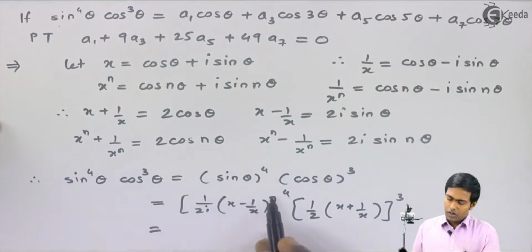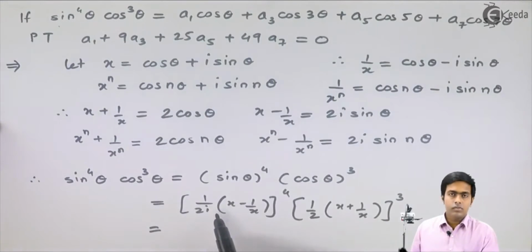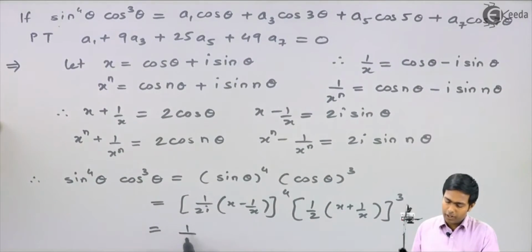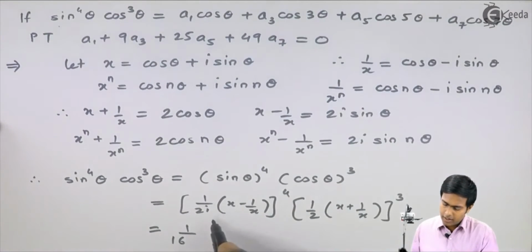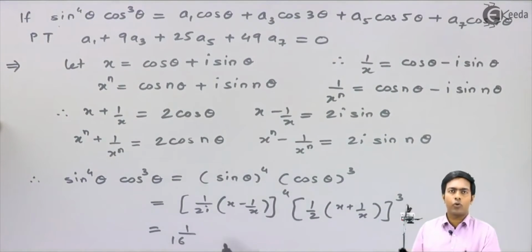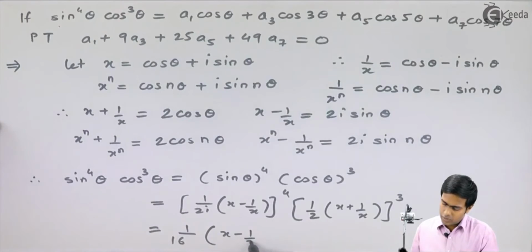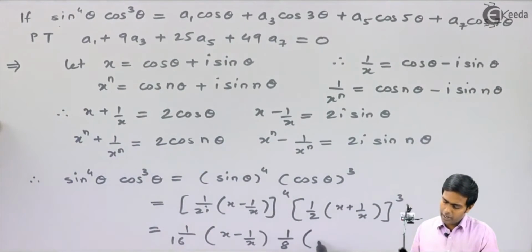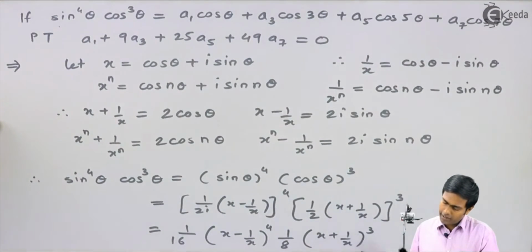Next, 1 raised to 4 will give me 1 and (2i) raised to 4 will give me 16 i raised to 4, but i raised to 4 is 1, times (x minus 1 upon x)⁴. Similarly here we'll get 1 upon 8 times (x plus 1 upon x) the whole cube.